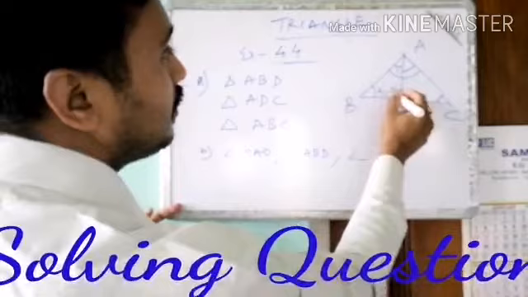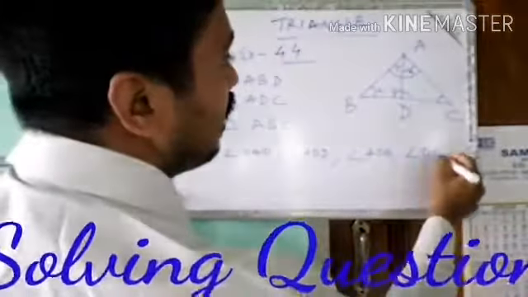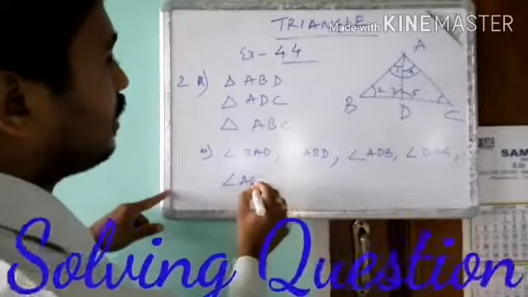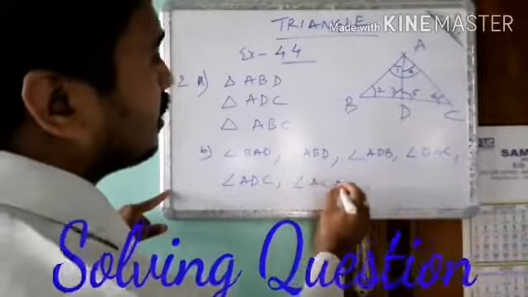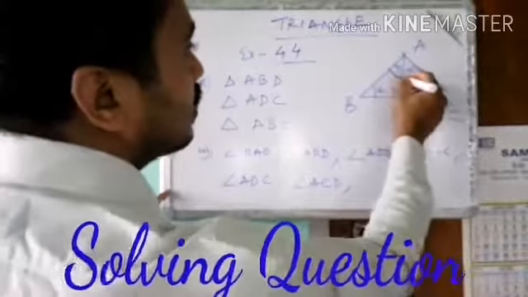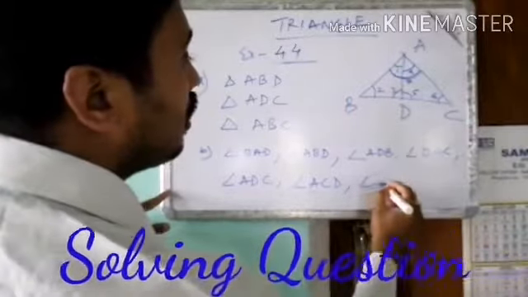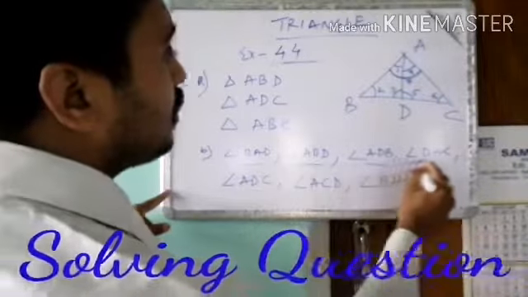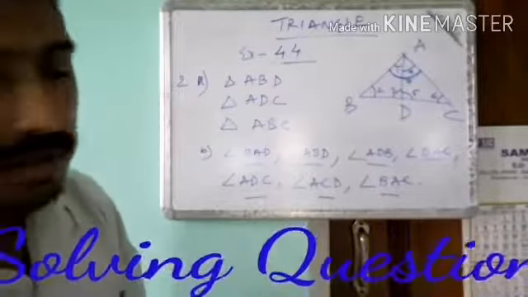Both are the same. The middle letter should be confirmed. Fourth angle, DAC. Fifth angle, ADC. Sixth angle, ACD. The last, biggest angle, that is angle A as a whole, that is BAC. These are the 7 angles: 1, 2, 3, 4, 5, 6, 7.